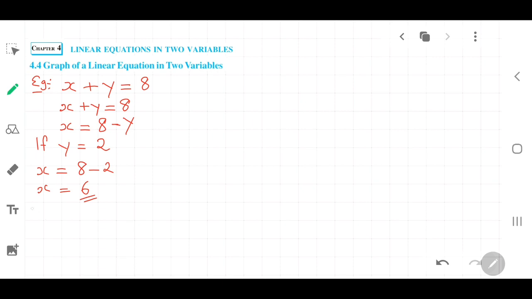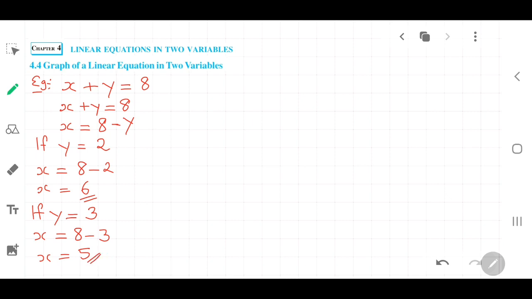So another one you can take, 2 is enough. Okay. If y is equal to 3, what will be x? So you use the equation x equal 8 minus y. In the place of y you write here 3. So x will be equal to 8 minus 3, you will get 5. Correct?